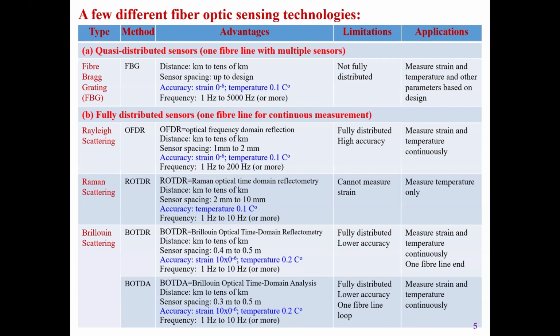That means we put fiber on the table or on a rock specimen, for example. Then you compress the rock sample. The rock will generate some cracks. So we can stick the fiber on the rock sample, then do the compression, then the fiber can sense which location starts to have a crack. Nobody knows where the crack will occur, right?